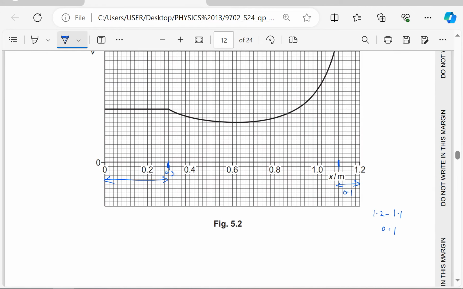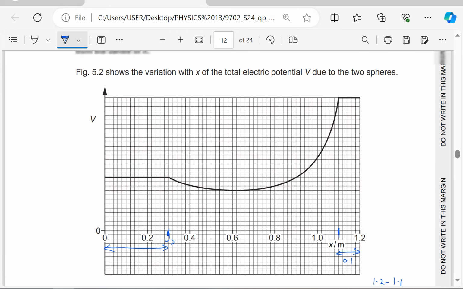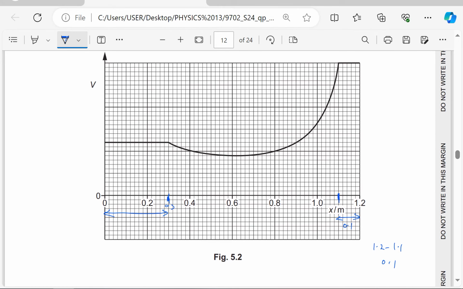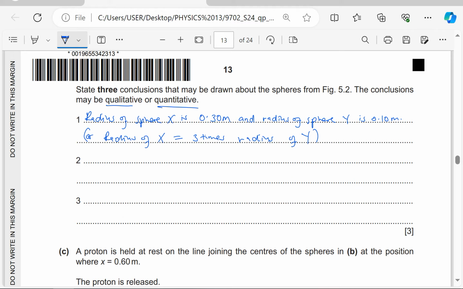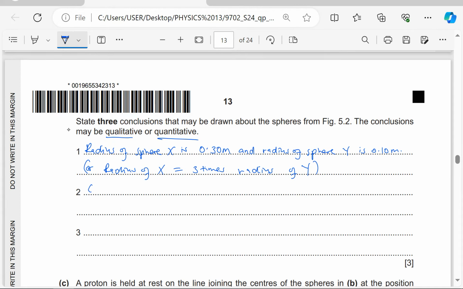I think both charges are positive. The charge of X is positive, the charge of Y is positive because the potential is always positive. So I'll simply say the charge of X is positive, the charge of Y is also positive.